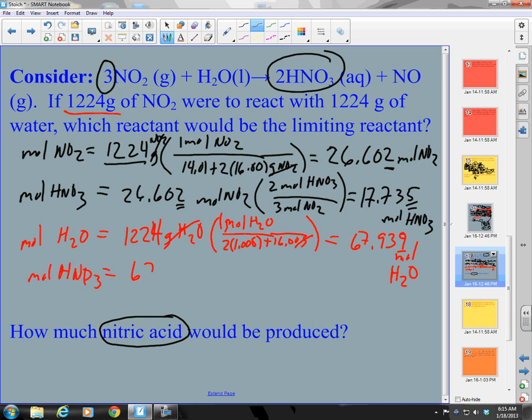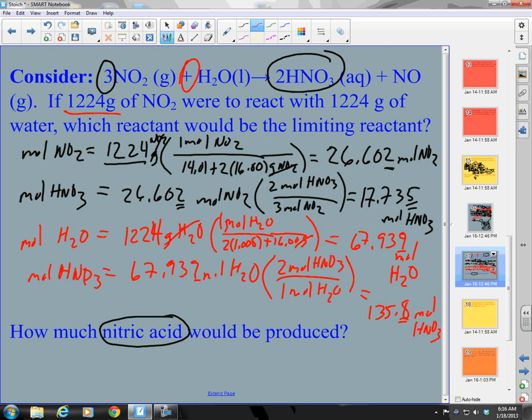My 67.939 moles of H2O times my mole ratio, right? 2 moles of nitric acid per 1 mole of H2O. So I multiply that times 2, and I get 135.8 moles of nitric acid.